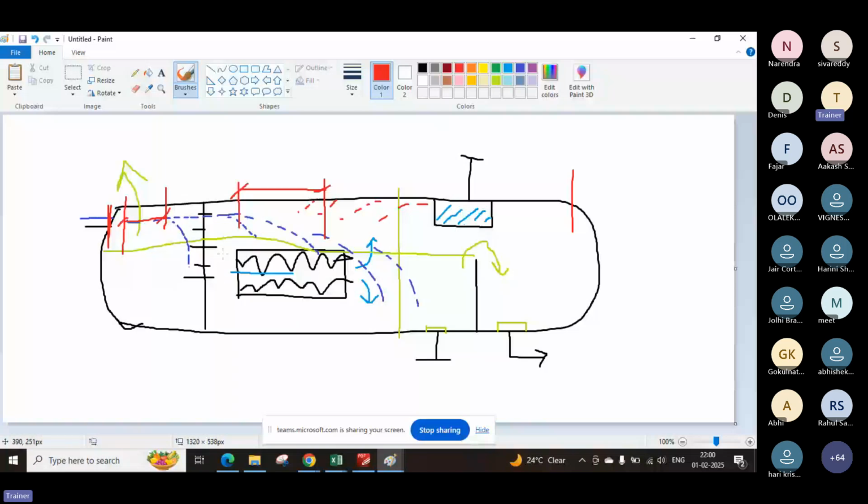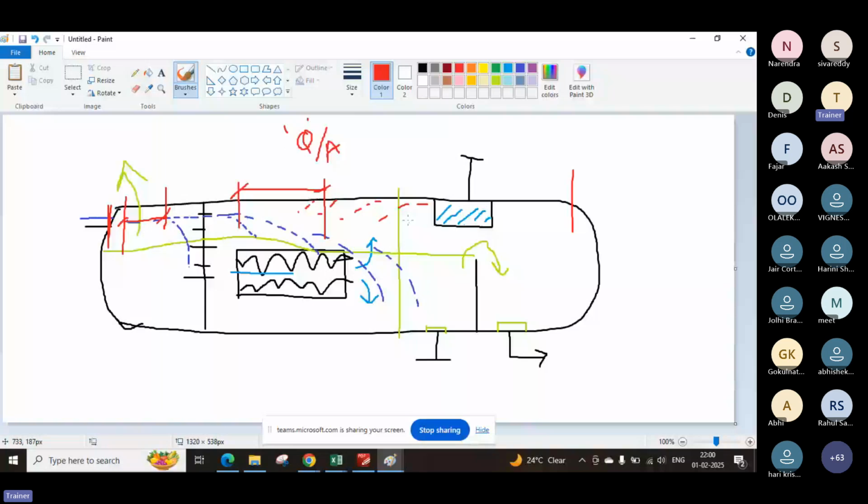So your Q by A, that is the flow rate over the area, your area is not changing. The diameter and the lengths are not changing. But your Q is changing over the length.